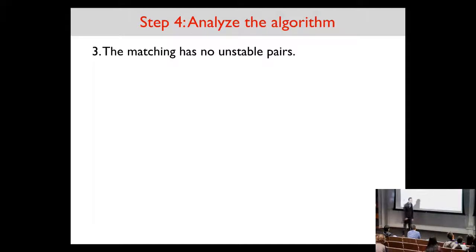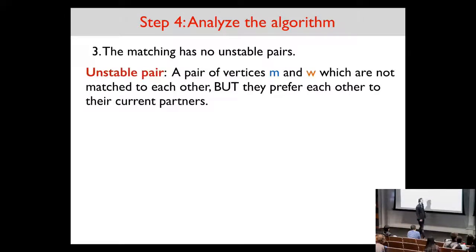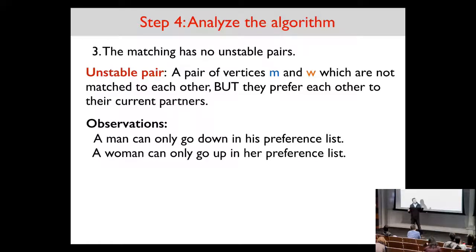And then number 3, the matching has no unstable pairs. We have to show this. Let me just remind you, a pair is an unstable pair if they prefer each other over their current partners. So here's a very important observation to make. When you run the Gale-Shapley algorithm, a man can only go down in his preference list.